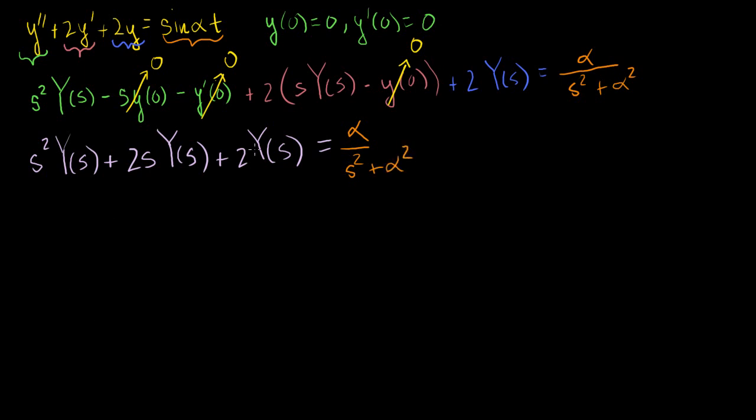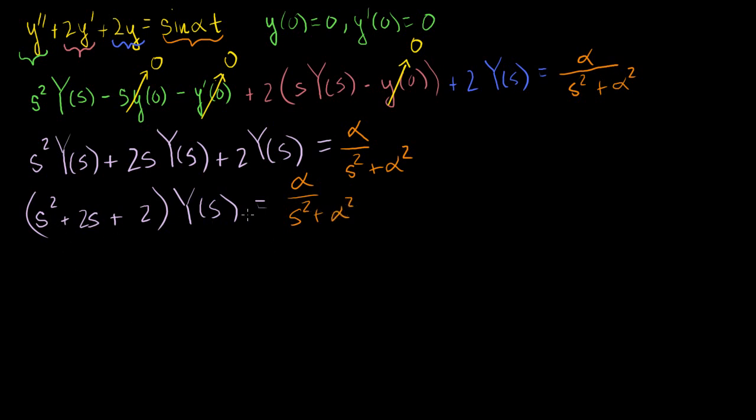Now let's factor out the Laplace transform of y. We get s squared plus 2s plus 2, all of that times Y of s, is equal to alpha over s squared plus alpha squared.